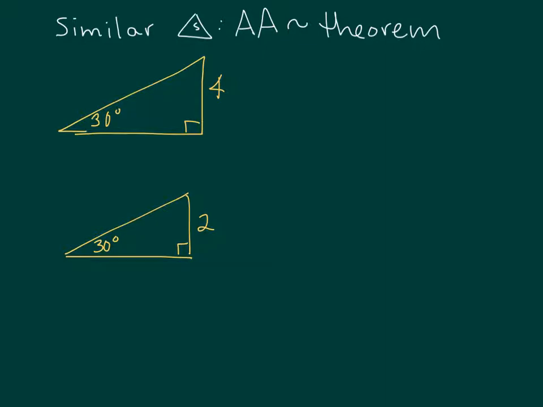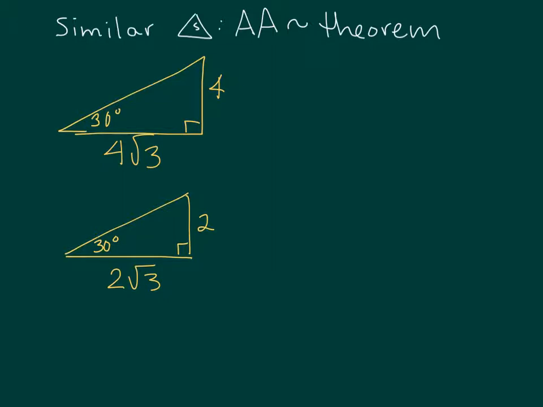This is not a surprise because we have been finding sides of 30-60-90s, so you know that with the bigger triangle, if the shorter leg is 4, the longer leg is 4 times the square root of 3. And likewise in the smaller triangle, the longer leg is 4 times the square root of 3.